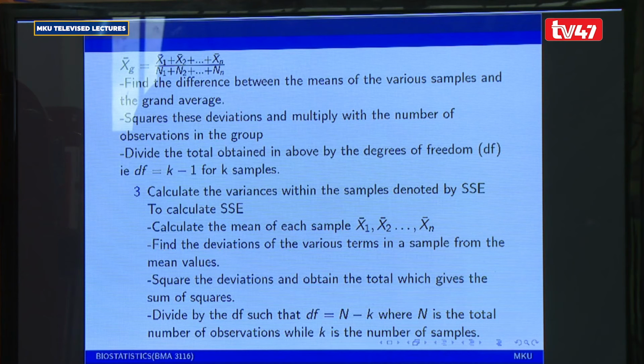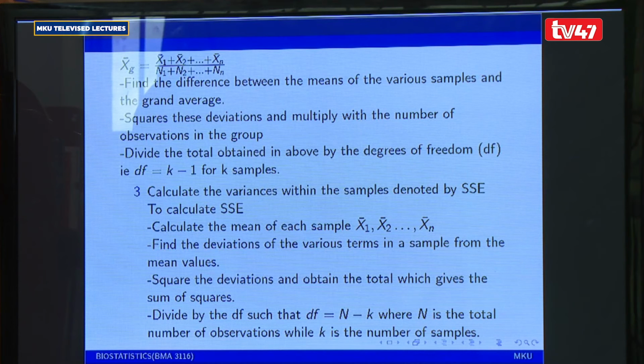We've said if they have 5, so you'll multiply the squares by 5 each. Then divide the total obtained in the step above with the degrees of freedom. In this case, if I have 5 samples, the degrees of freedom will be 5 minus 1, so that's 4. If you have k samples, then you do k minus 1.